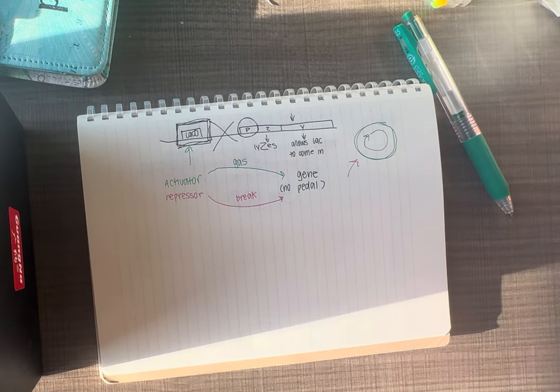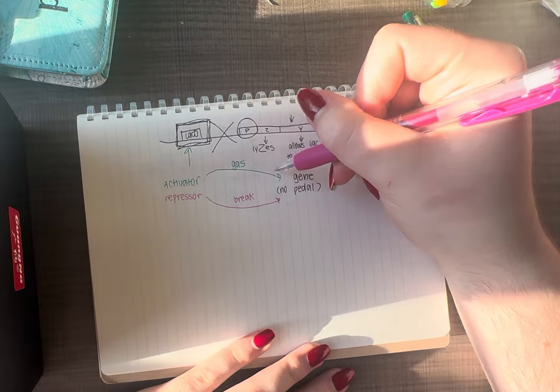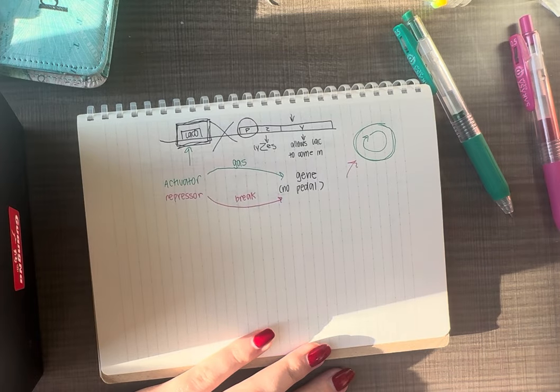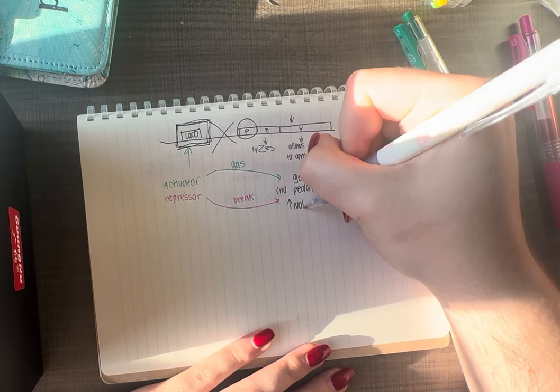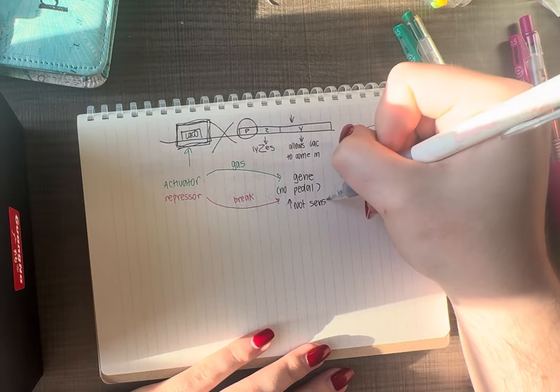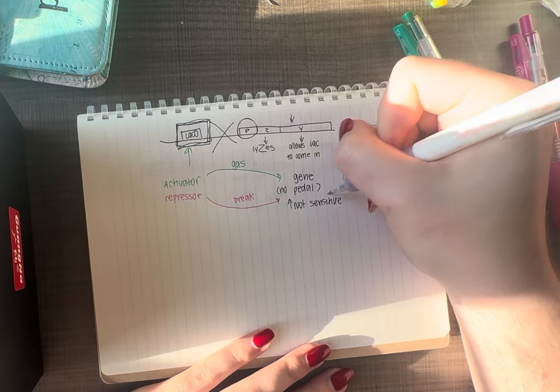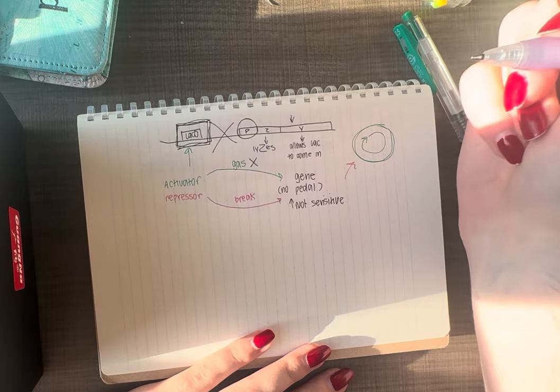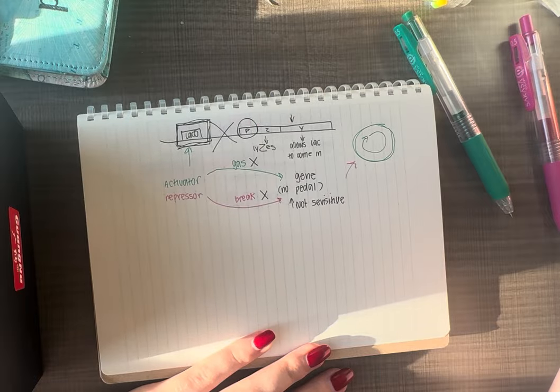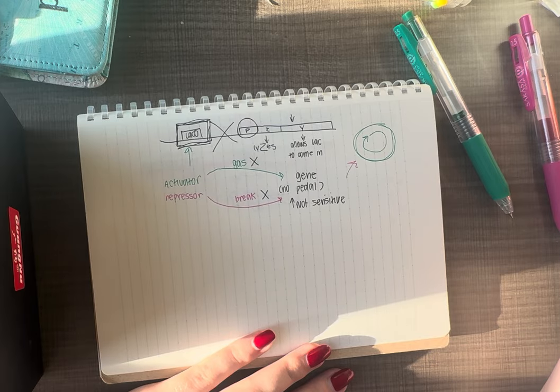So whenever you end up having a gene with no transcription factors, this is like not sensitive to whatever molecule we're talking about because it's not going to have a gas that's controlled by the molecule or a brake that's controlled by the molecule. Does that make sense?